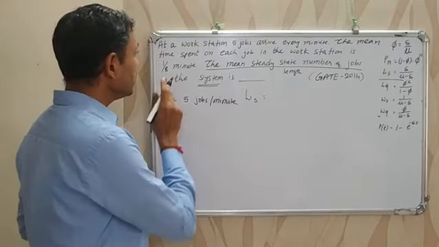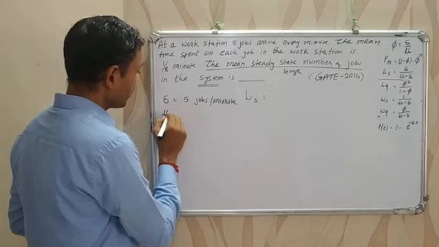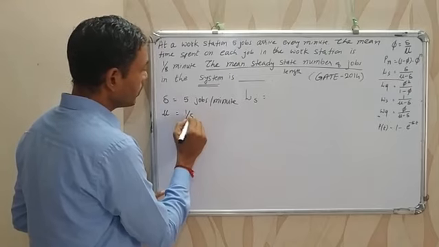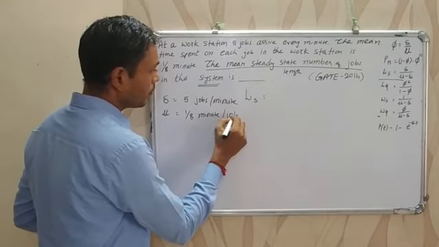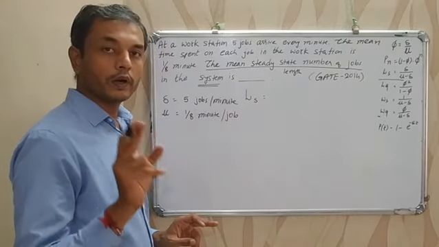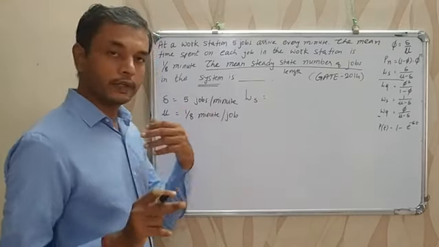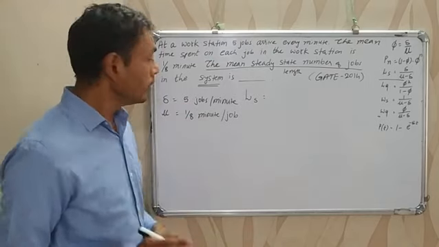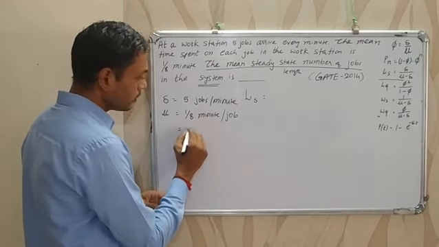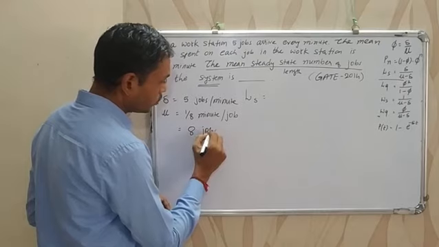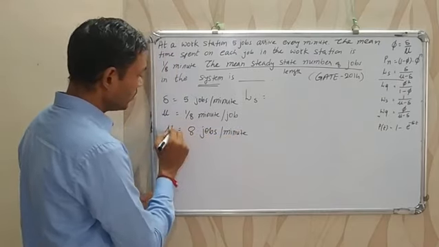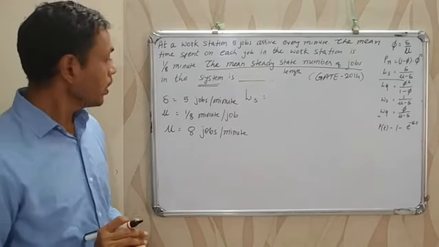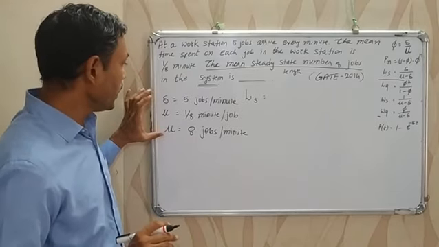And the service rate mu is 1 by 8 minutes per job. So in 1 minute it is catering to 8 different jobs. So we can say that the service rate mu is 8 jobs per minute.